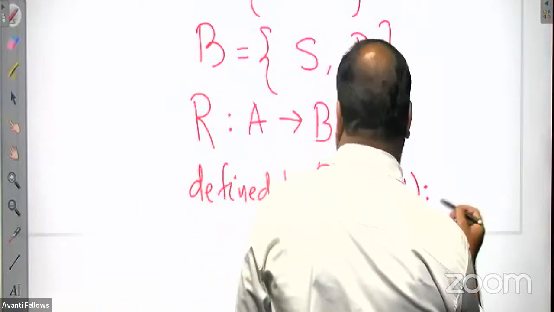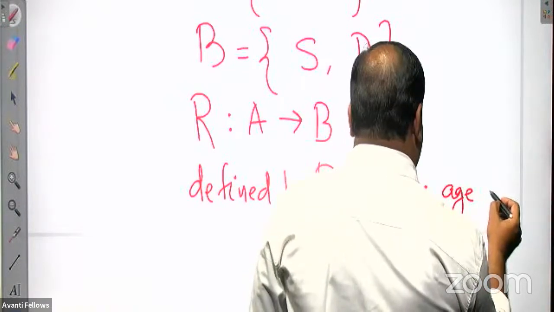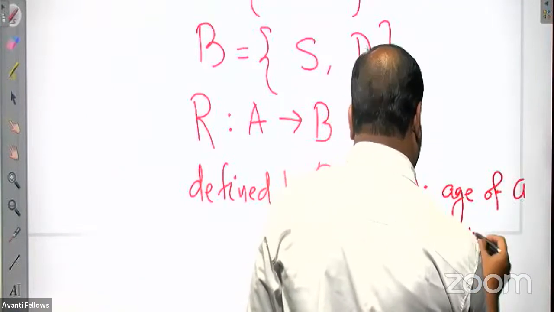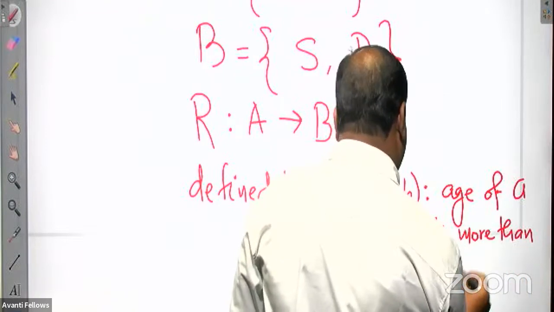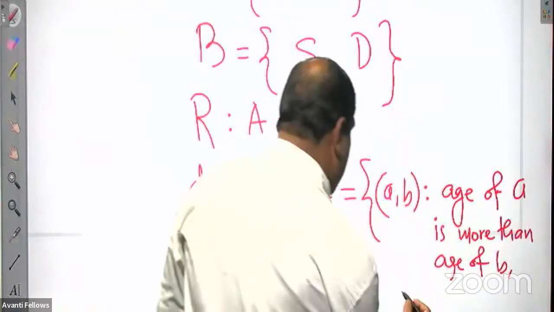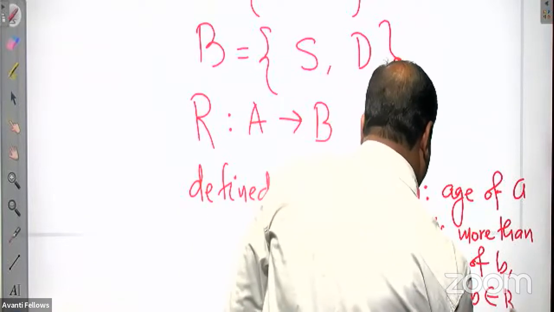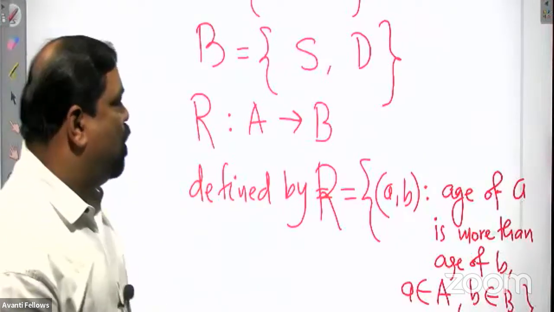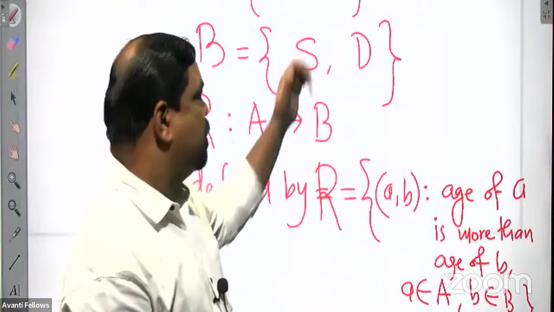For example, age of a is more than age of b, where a belongs to capital A and b belongs to capital B. Means small a represents the element from the first set and small b is an element from the second set.